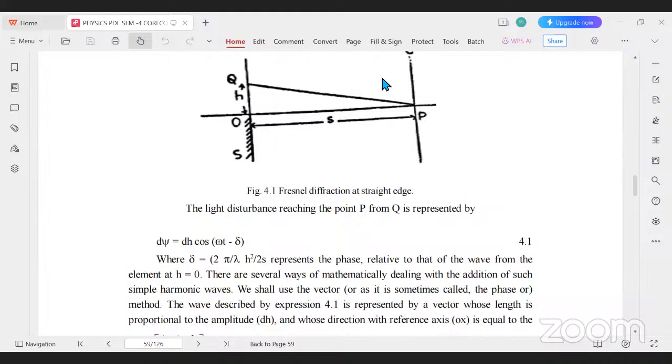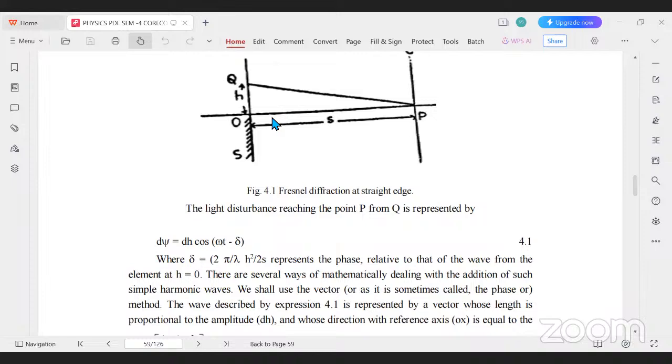So the source is sending out light. From the first wave to the second wave, third wave, fourth wave, everything will be the same: the frequency, the wavelength, the energy being transmitted. The only difference is, as I told you, the phase difference, which we can calculate mathematically.